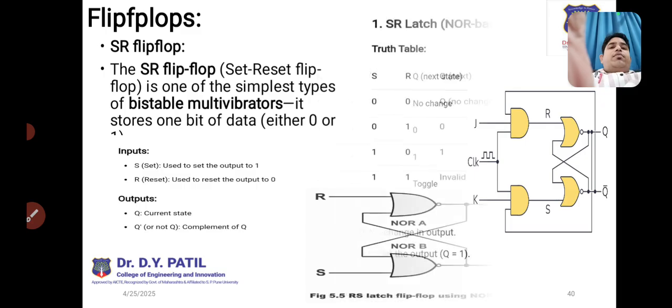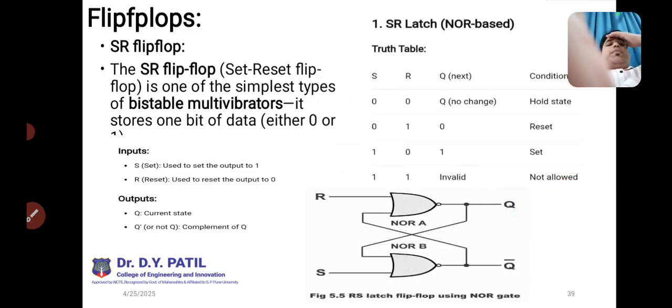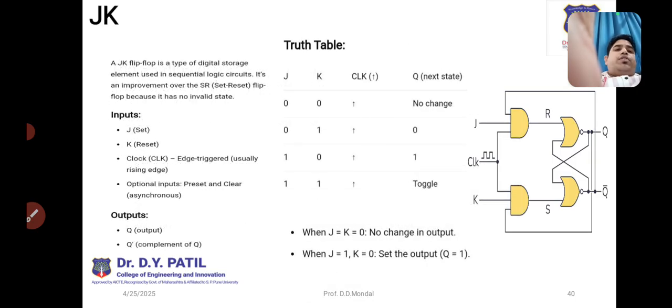The same thing with the flip-flop, a cross connection of two gates, maybe NOR or NAND, and at the output side we get set 1 and 0, and reset 0 and 1 values. We have already seen the logic operation of that. JK is the same, 0 1 gives reset and 1 0 gives set.